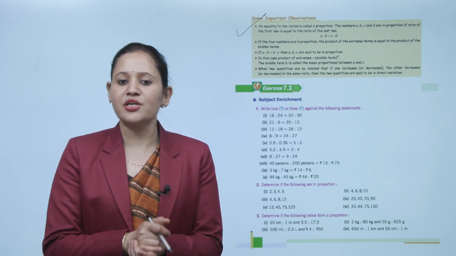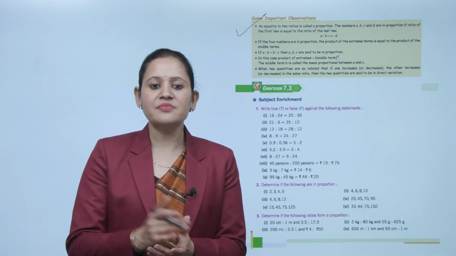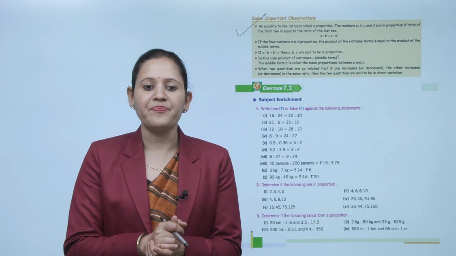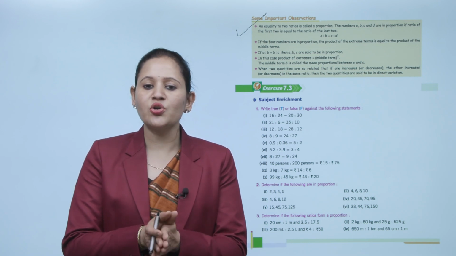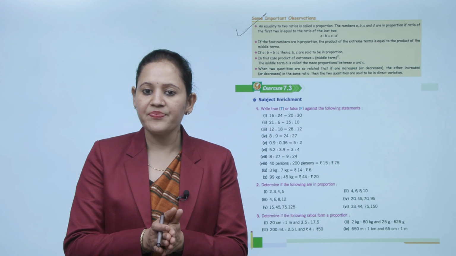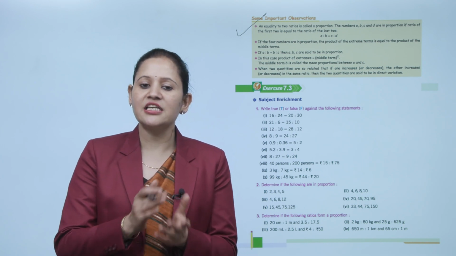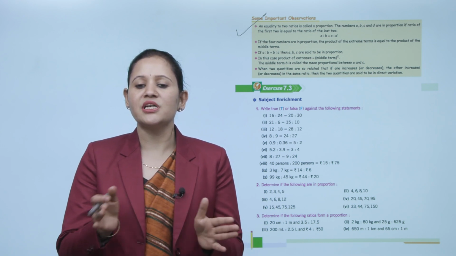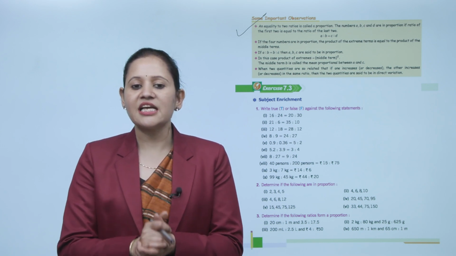In this case, the middle term B is called the mean proportion between A and C. When 2 quantities are so related that if one increases or decreases, the other increases or decreases in the same ratio, then the 2 quantities are said to be in direct variation. Next is exercise 7.3.